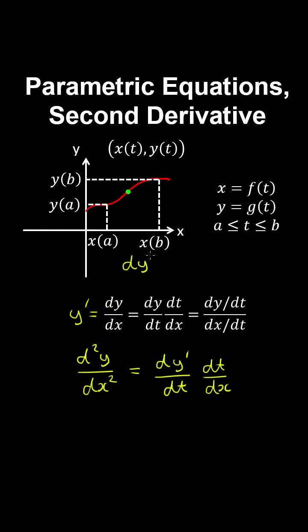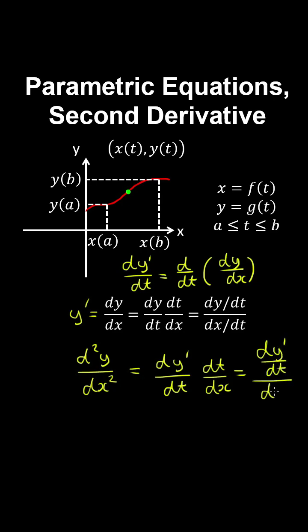So dy dash/dt is basically the derivative of the first derivative with respect to the parameter t. And therefore, this can be written as dy dash/dt over dx/dt. And the second derivative tells us whether a point on a parametric curve is an inflection point, or whether the curve is concave up or concave down at that particular point.